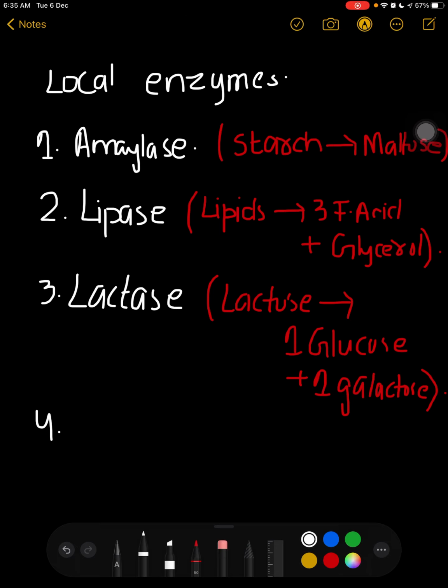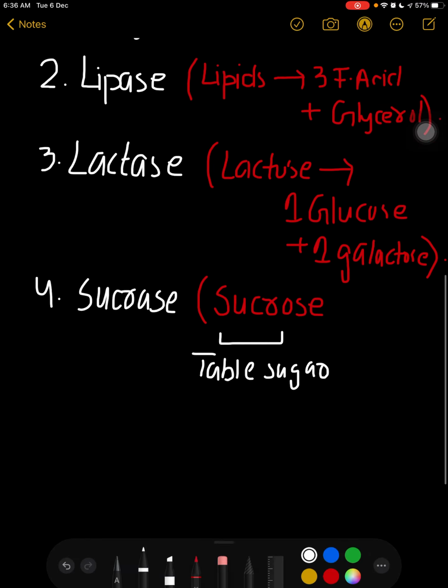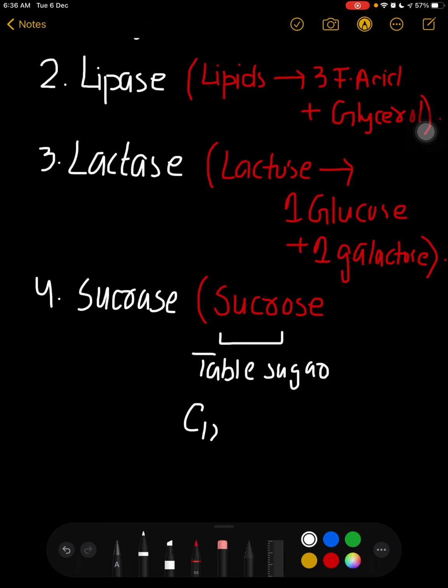Fourth, we have sucrase. What is the function of this sucrase? It will convert sucrose. Sucrose is table sugar, whose formula is C12H22O11.